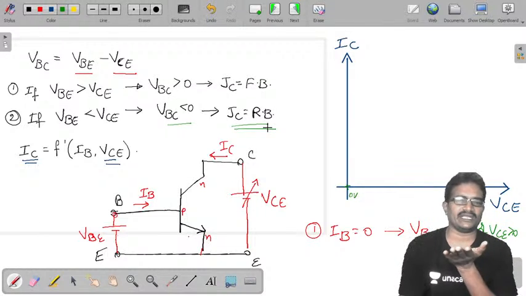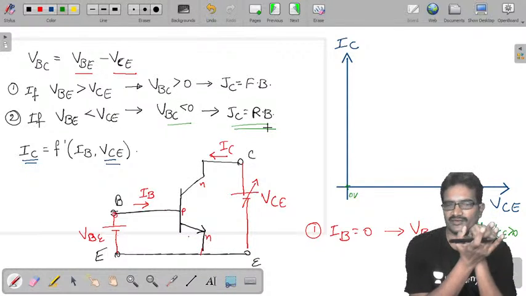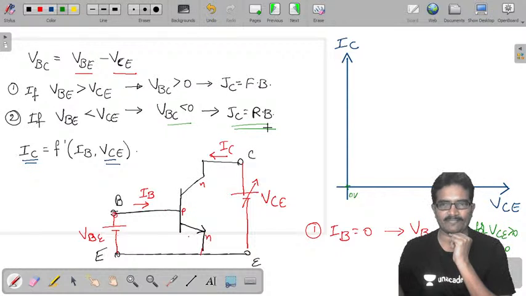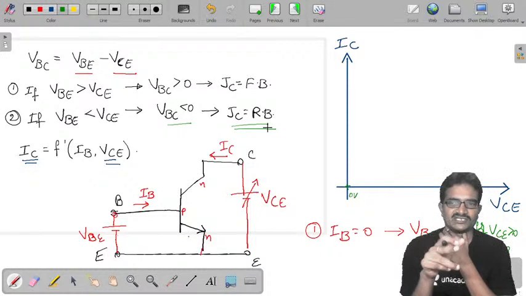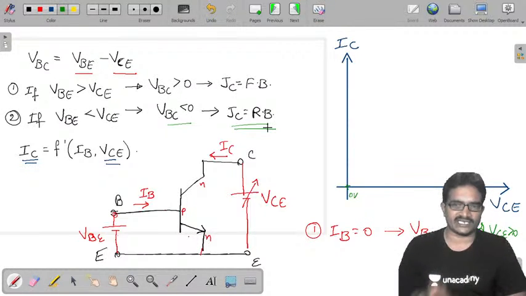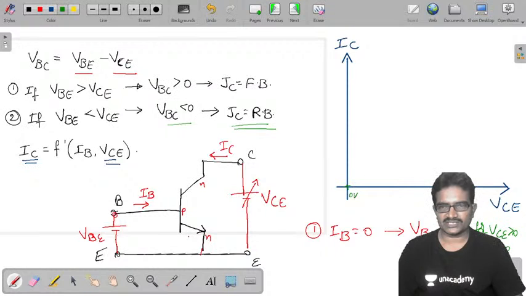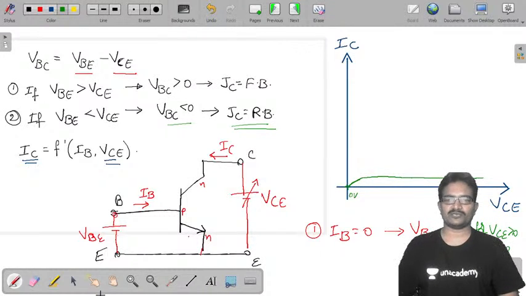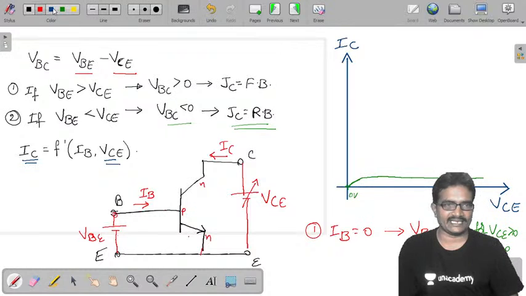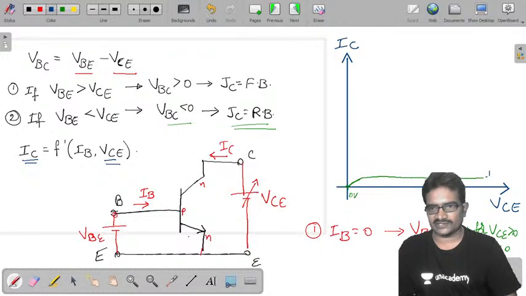We observed already that once a junction is under reverse bias, the output current is constant. It cannot change with respect to output voltage. Now I am going to plot it. So this is my plot. Here the output current is constant.